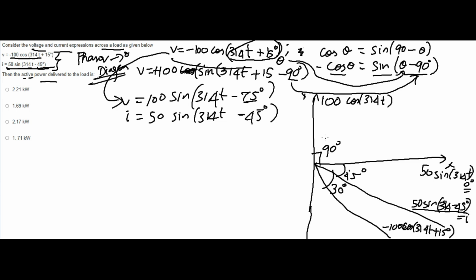Because I have to reach 90, as this line is 180 degrees and 90 is already here, combined you have to get 90 here. So 45 plus 30 is already 75, and the remaining is 15 degrees.